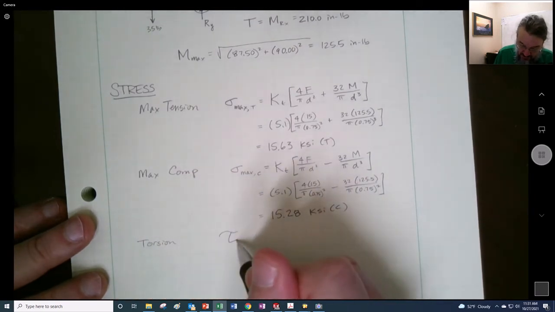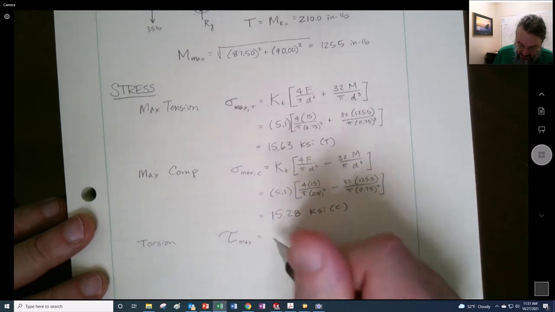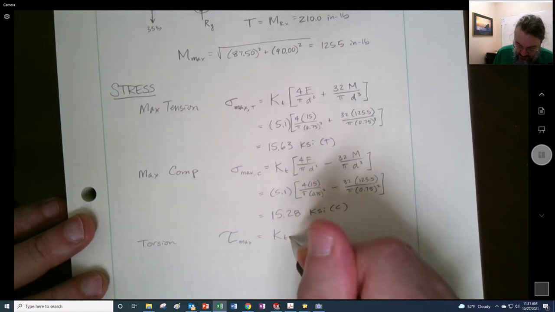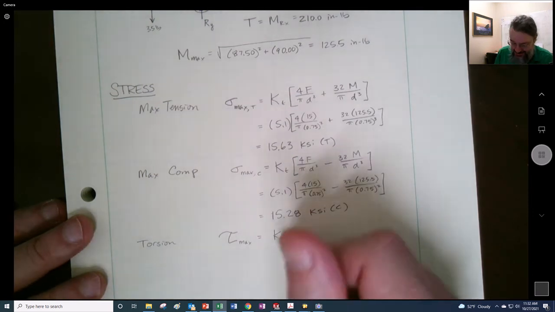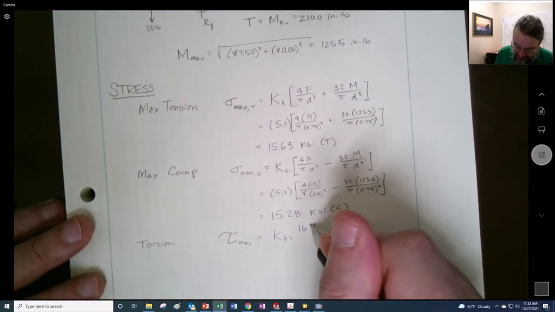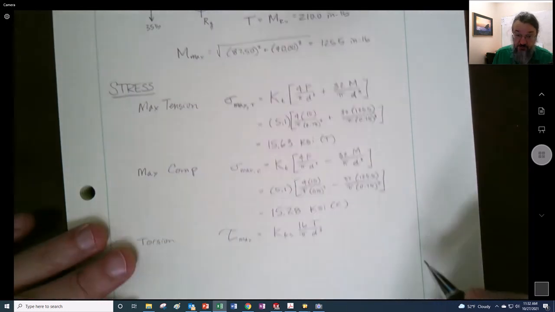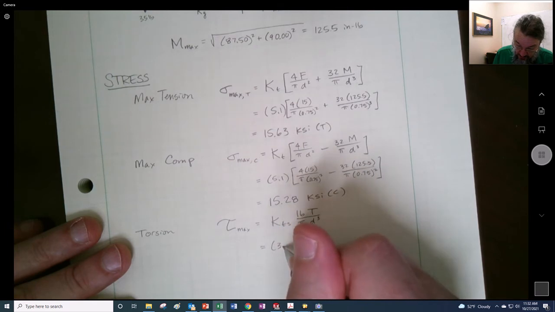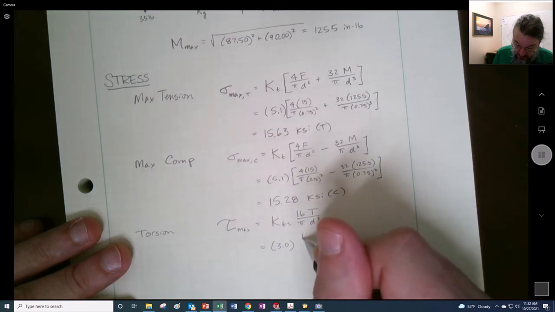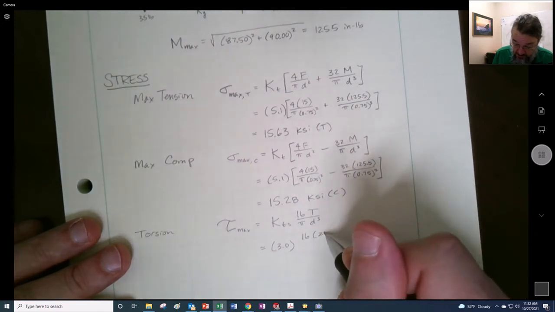So go tau. I'll say max, but remember that's not really the absolute max. I'm just saying it's KTS, and that equation should be 16 T over pi d cubed. So here we go, 3.0 is what we got for that stress concentration. The torque we just found to be 210.